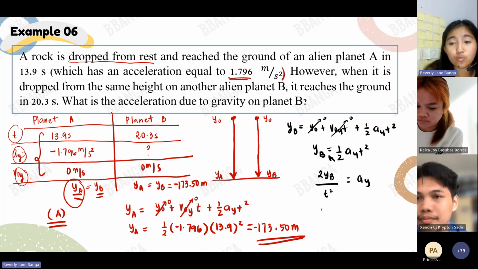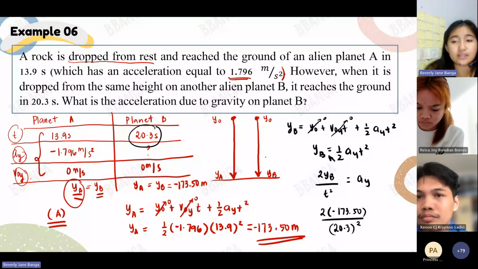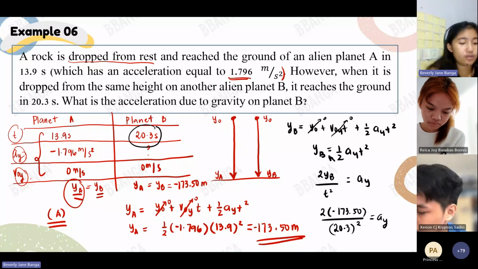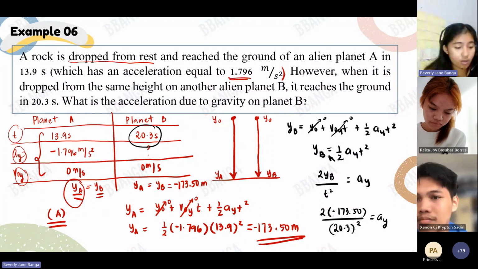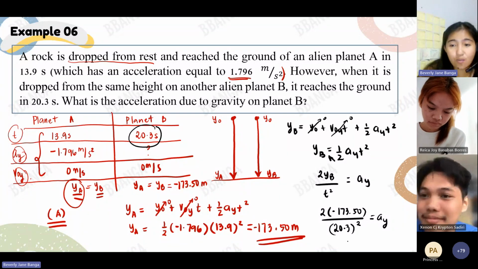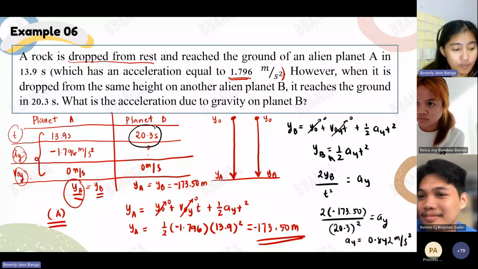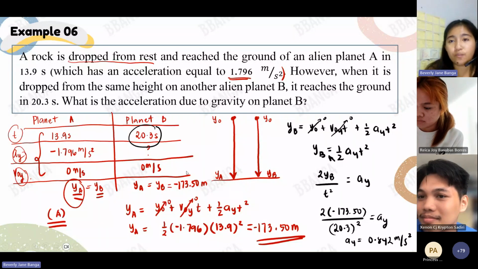So, meron tayong 2 times negative 173.5 over the time, which is, this time, ang time natin ay 20.3 seconds squared kasi nasa planet B na tayo. This will give us ay equal to 2 times the answer divided by 20.3 squared. This will give us ay is equal to 0.842 meter per second squared. Okay, so magiging 0.842 meter per second squared siya.